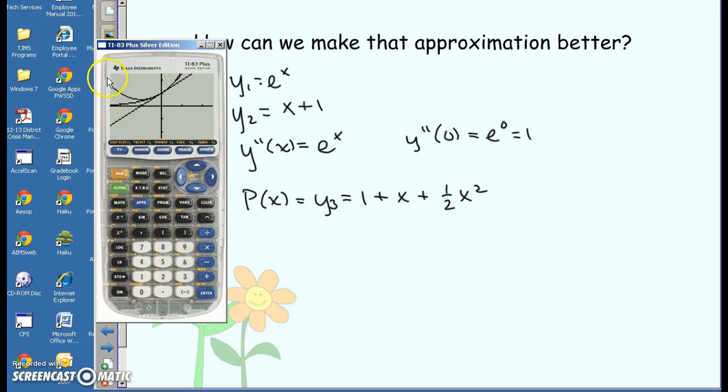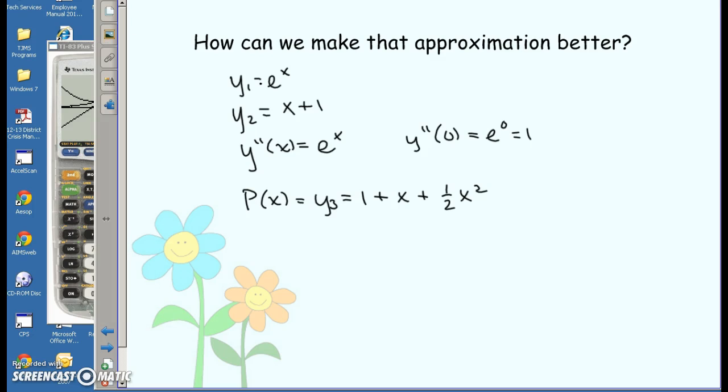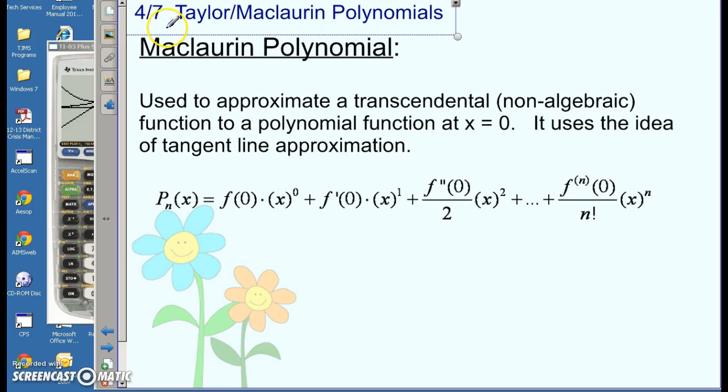And we still have the same problem as we go further and further away. It's going to be further and further from our actual function. But it's following the curve pretty well in this region. We can make it better. And if we keep expanding it and using initial conditions and adding to this, we're going to get better and better representations of that function in the region. And that's our goal with using these two polynomials.